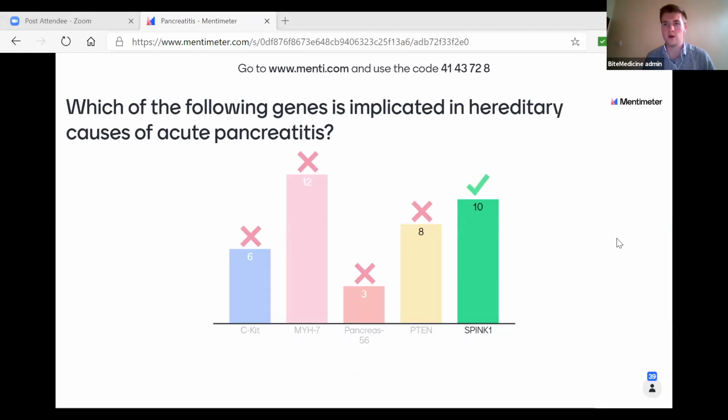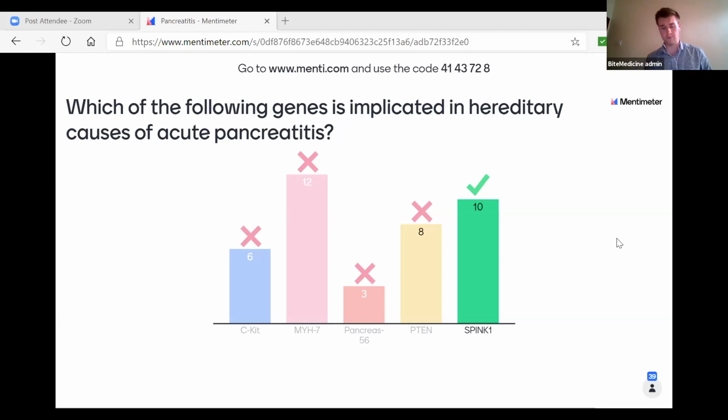SPINK1 is an example of a pancreatic secretory trypsin inhibitor and can be mutated in certain types of hereditary pancreatitis. Just going left to right, c-KIT is an example of a gene that can be mutated in gastrointestinal stromal tumors. MYH7, this gene actually came up in my medical finals.